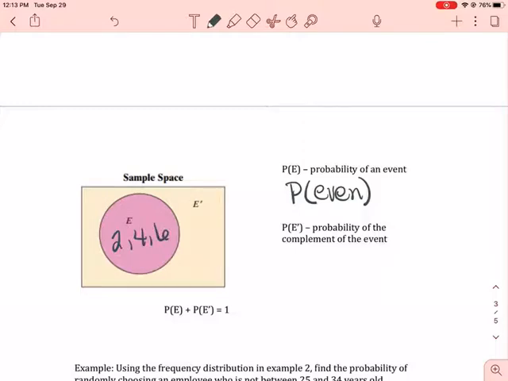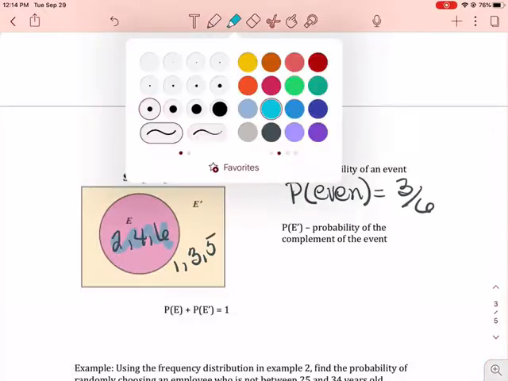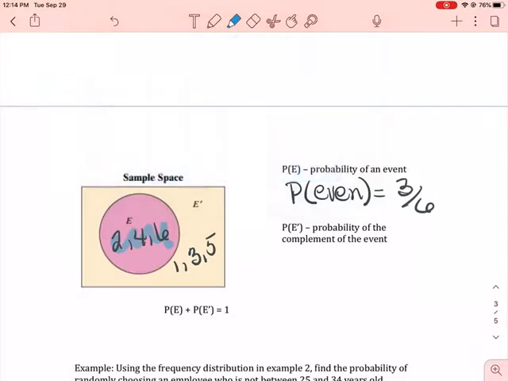So that means 2, 4, and 6 are in my event, and 1, 3, 5 are not in my event. So this is 3 out of 6. Okay, so that's just these guys. Now, E complement is what's not in the event. That's these guys out here.